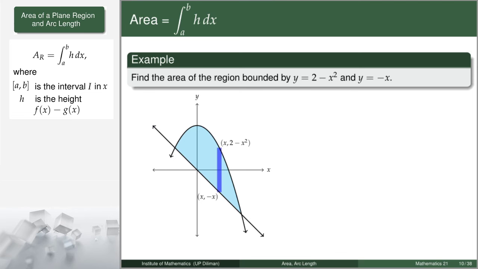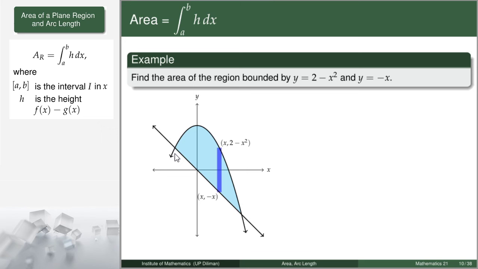Though we have a drawing, this is not enough. For example, in finding the interval, I can say that the leftmost part happened at this point here. However, I don't know the x value there. And the rightmost part happened at this point here, but I also don't know the x value here. So I need to find out those two points so that I can evaluate it properly.